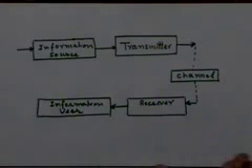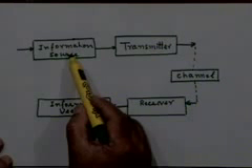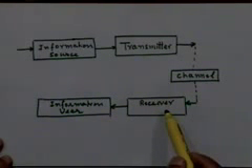Right? So really speaking, in a communication system, there are these 5 major blocks, of which the most important components are information source, transmitter, channel and receiver.